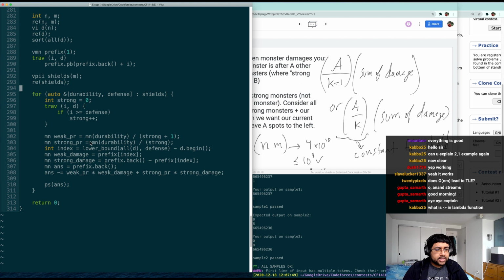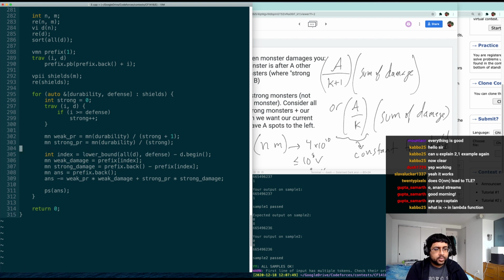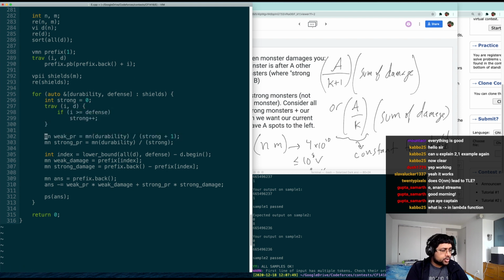The only thing that's stopping it from being the right runtime is this loop here, where we compute how many things are strong to begin with.